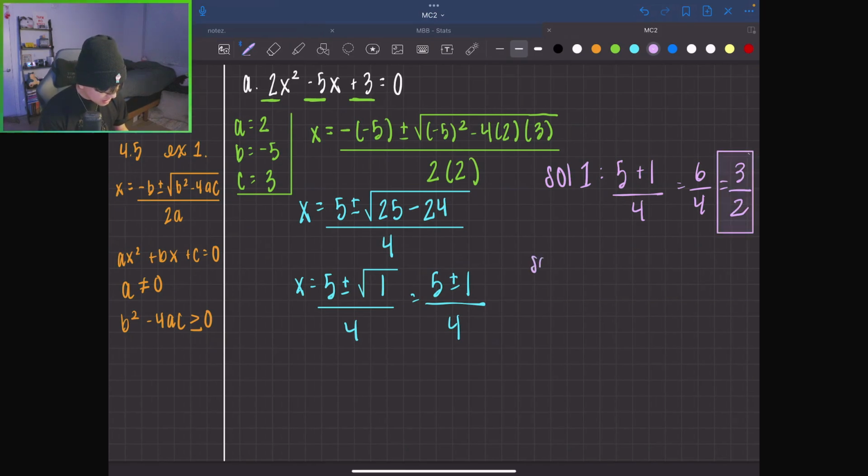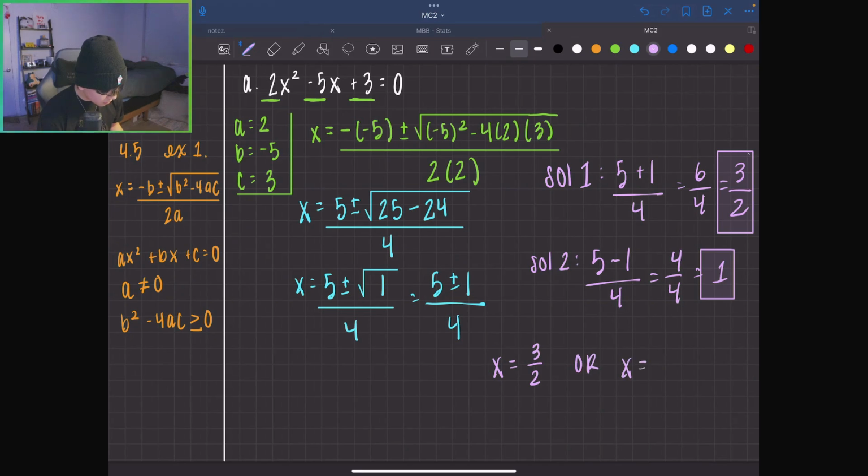And what is our second solution going to be? It's going to be 5 minus 1 over 4. 5 minus 1 is 4, and 4 over 4 is just 1. So we have two solutions here. Our solutions can be x equals 3/2, or x equals 1.